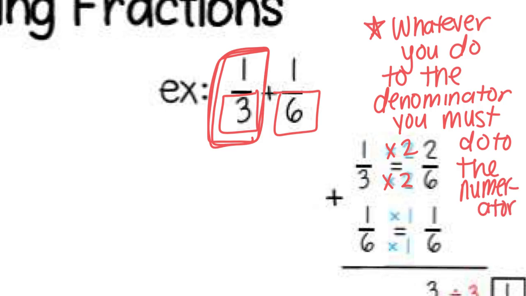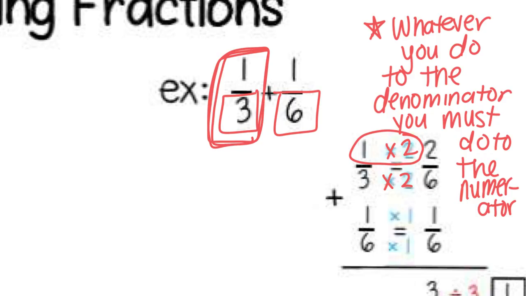It says whatever you do to the denominator, you must do to the numerator. So if we multiplied the bottom number by 2, we have to multiply the top number times 2. What is 1 times 2? 2. So 3 times 2 at the bottom makes the denominator a 6, and then 1 times 2 at the top makes the numerator a 2.